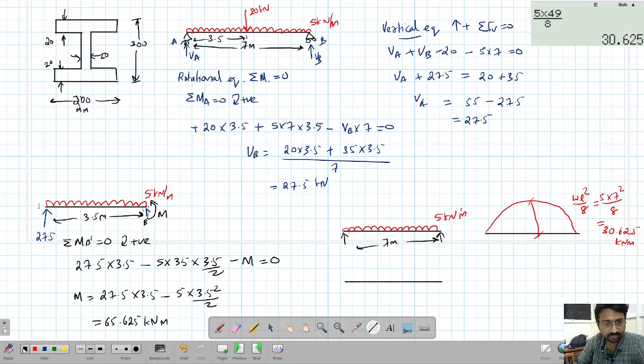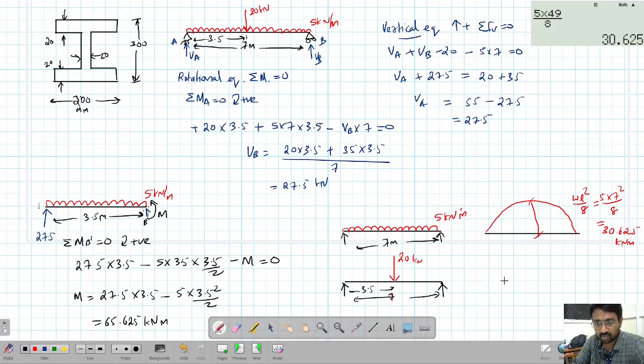Okay. Now the second scenario is the point load. What is the point load? The point load value is 20 kilonewton. It is at the center. So this is 7 meter, and this is 3.5 meters at the center.